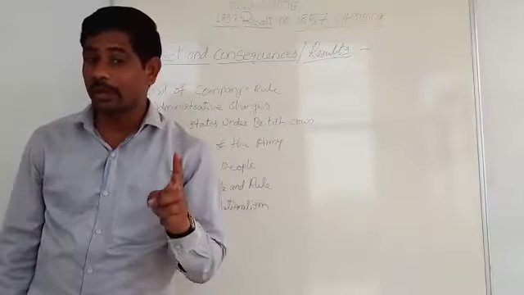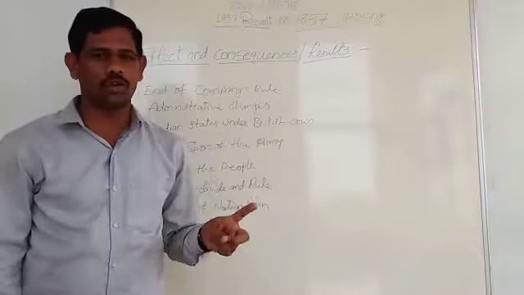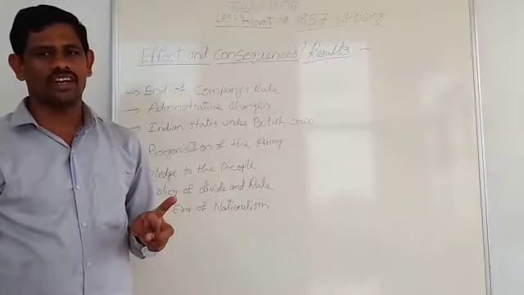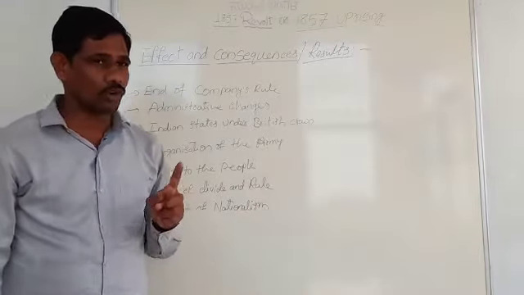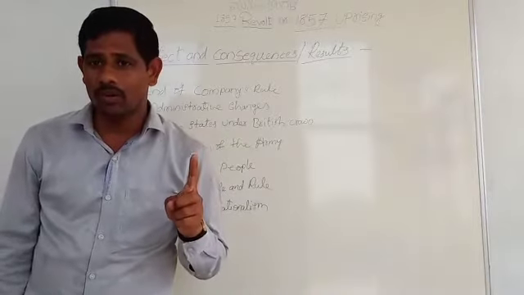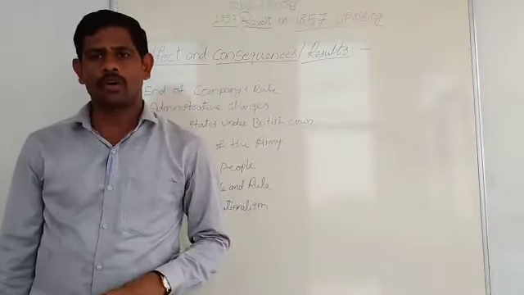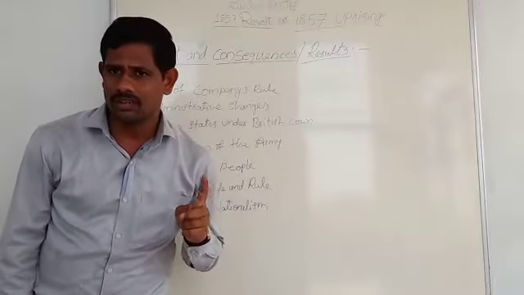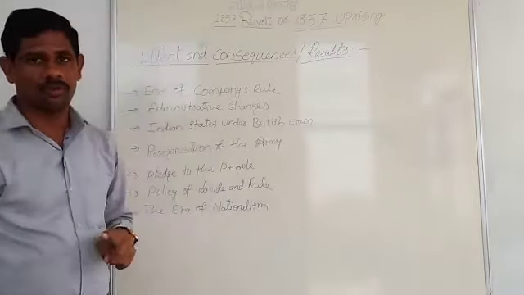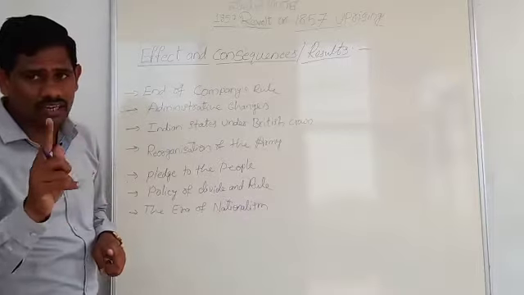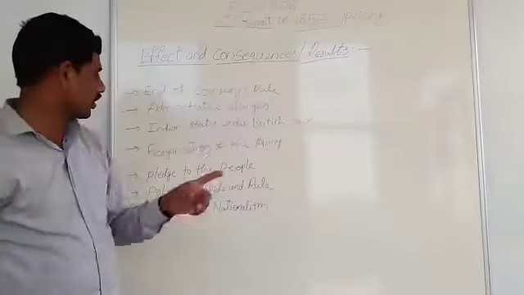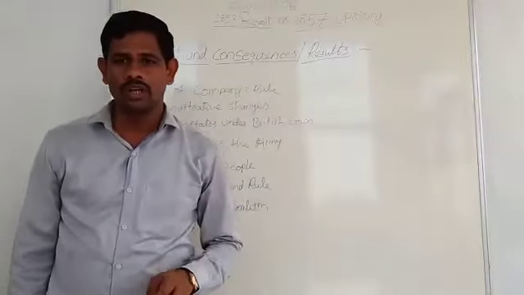The Act for the Better Government of India was passed on 2nd August 1858. Remember that it is 1858. There are some points in it under the end of Company rule.